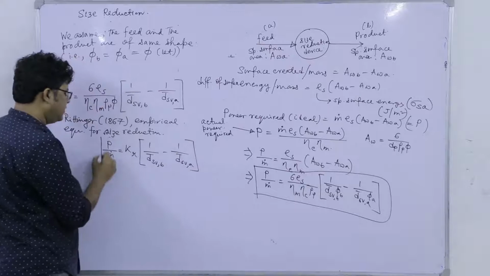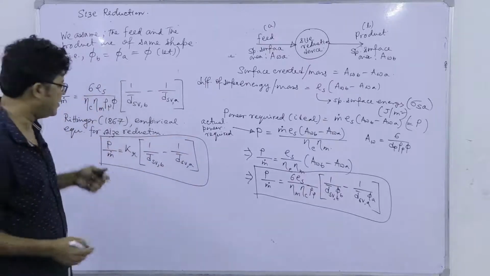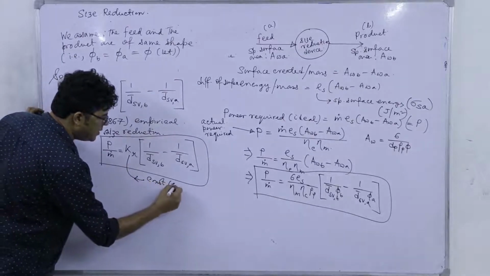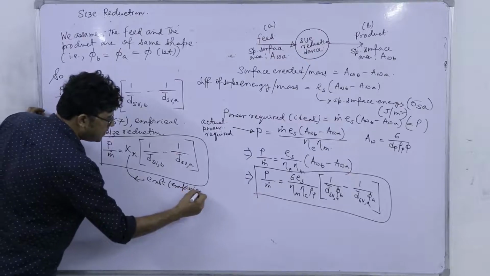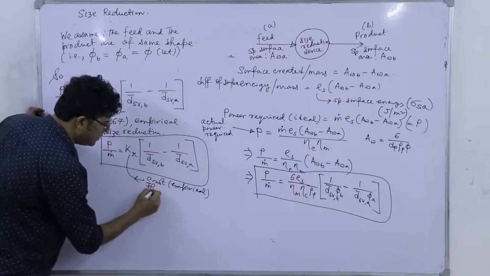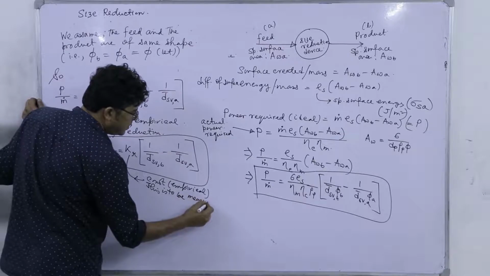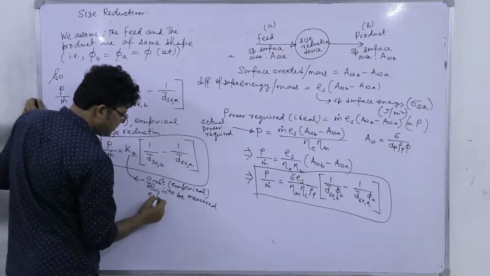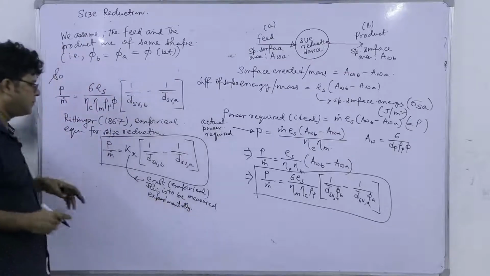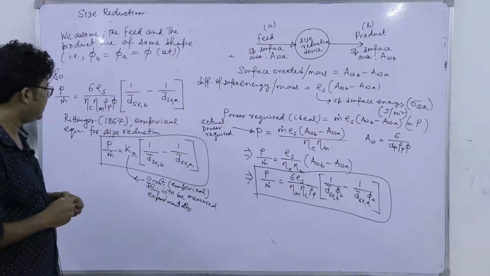So that becomes Rittinger's law. This is purely empirical because this constant Kr is to be measured experimentally, and it varies widely over different types of machines and for different types of feed, right?